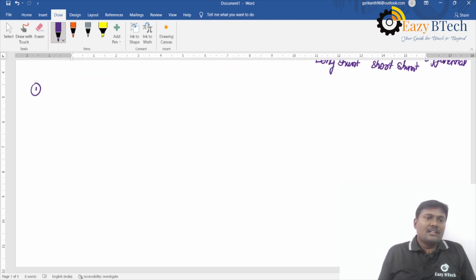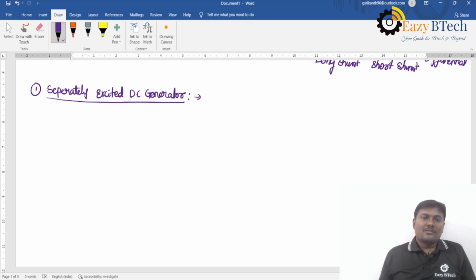So the first one is separately excited DC generator. We have two windings. One is armature winding and another one is field winding. The armature is represented with a circle with two brushes, that armature winding, which has two terminals A and AA, and the field winding terminals are represented with F and FF.